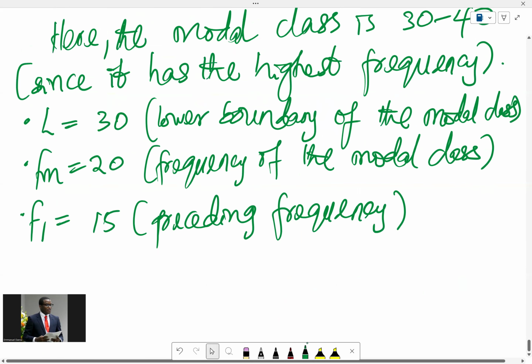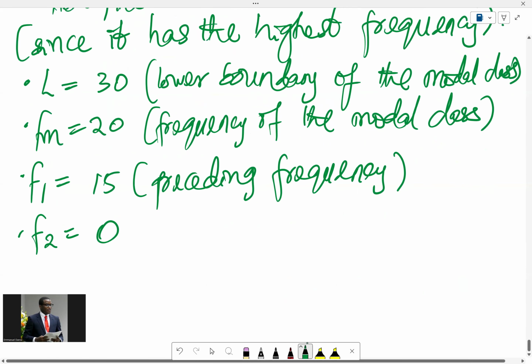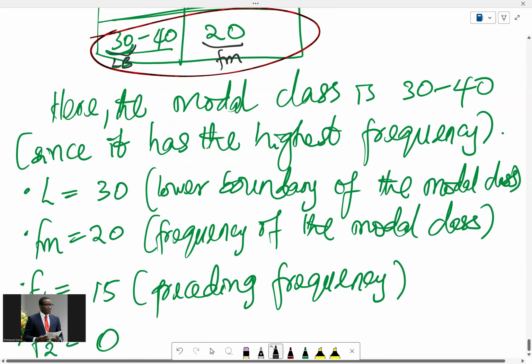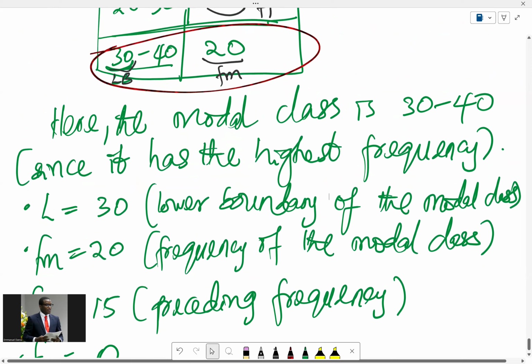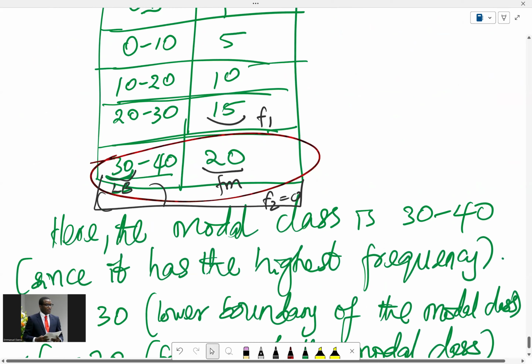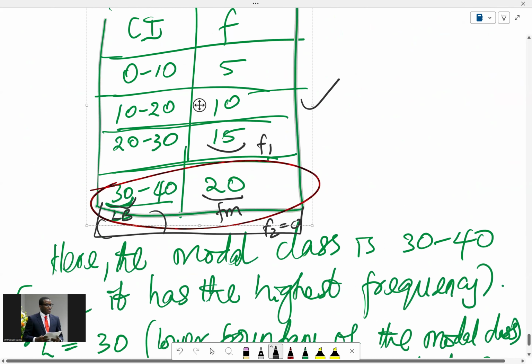Now we need F2, which is the succeeding frequency. That is 0, because after the modal class, there's no other class. So the class doesn't exist, and F2 is actually 0 since there's no class after that. But if this were the modal class, F1 would be 5 and F2 would be 15.